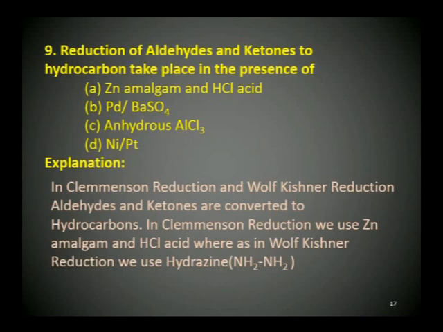And number 2 reaction is Wolff-Kishner reduction, where we use hydrazine. In these two reactions, aldehydes and ketones are reduced to hydrocarbons. So, in the given options, zinc amalgam and hydrochloric acid will be the correct answer. So, answer is A.